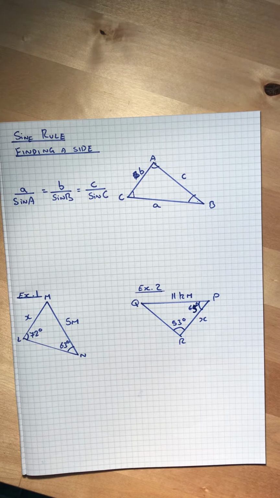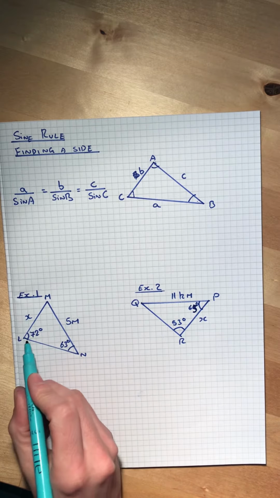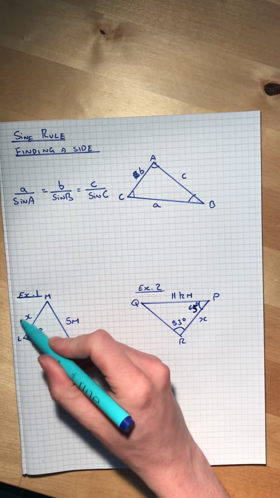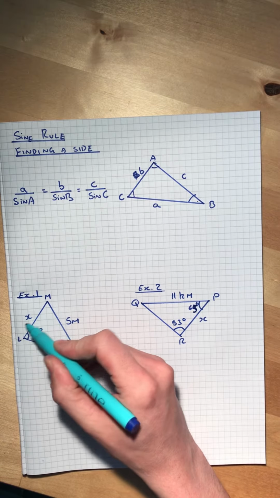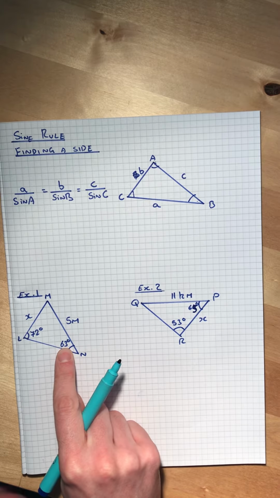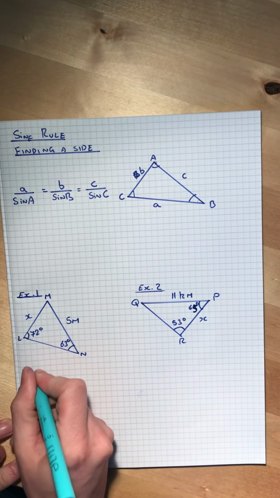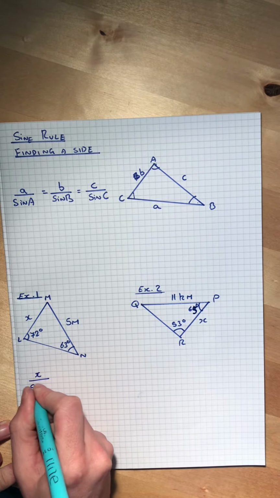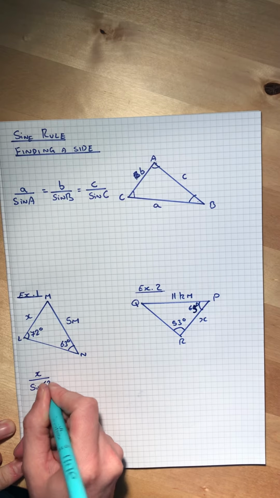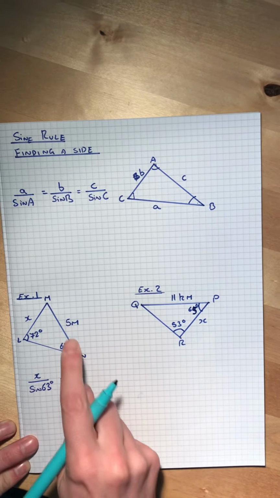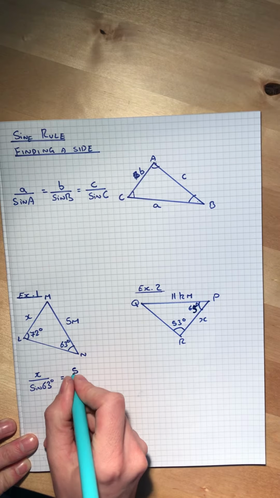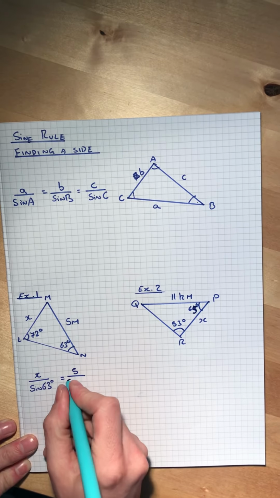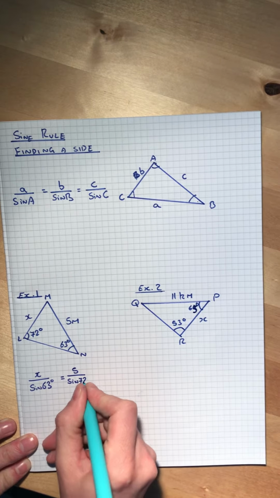Okay, so for this example, we can just jump straight into realizing we want to know what this length is, and we've got that angle, so we can just write x over sine 63 is going to equal 5 over sine 72.